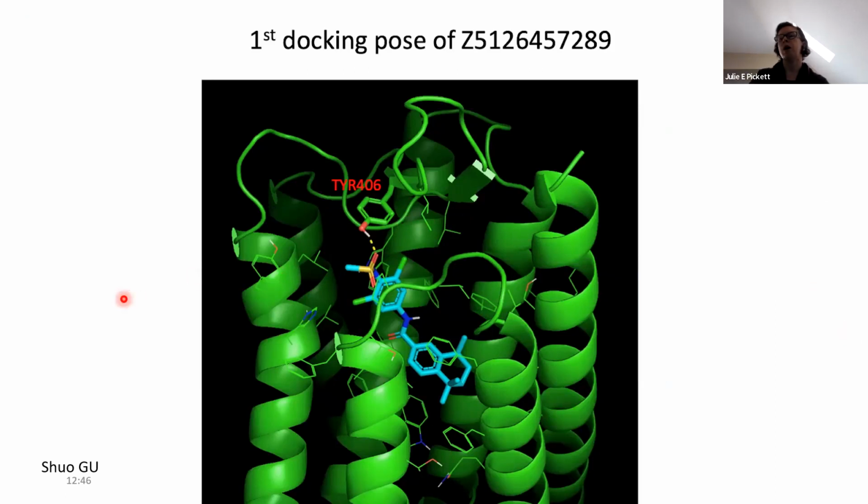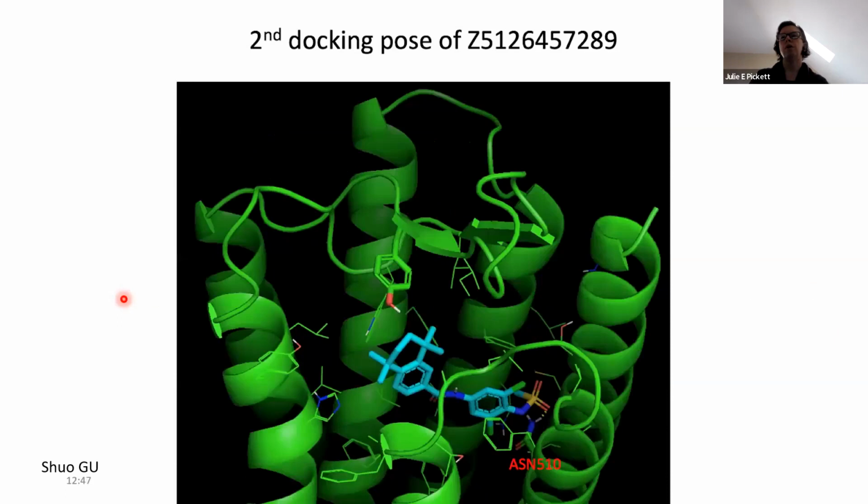The other positioning has the methylsulfonamide down in the receptor interacting with asparagine 510 on TM7. So he asked us if we could make mutants at these two sites and see if we could tease out pharmacologically which of these poses for 289 was the one driving the positioning.